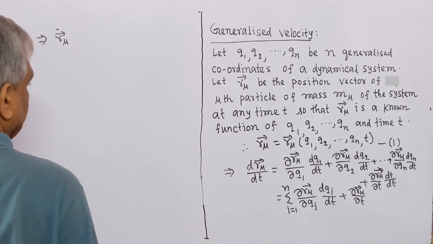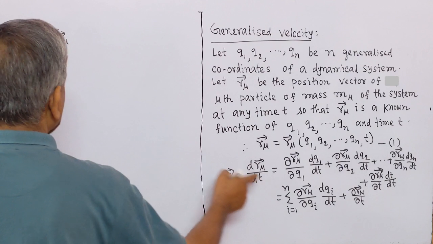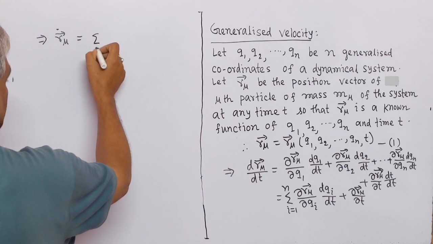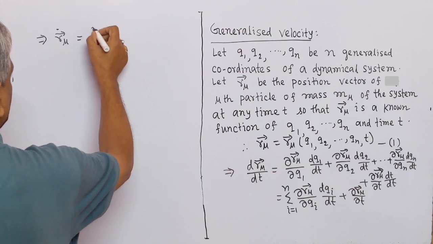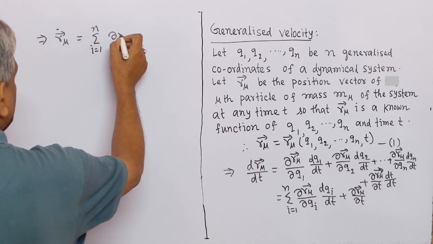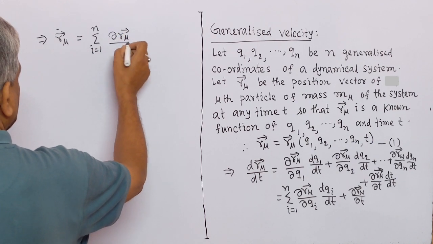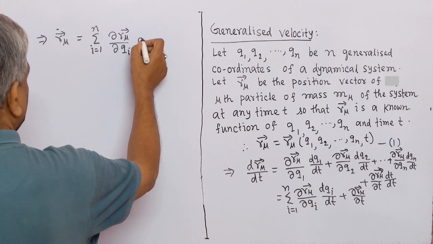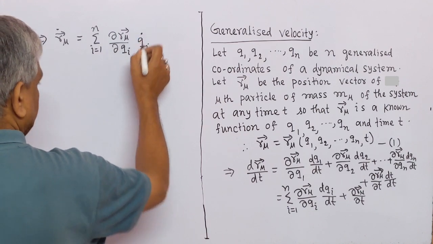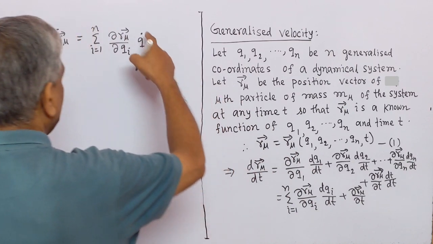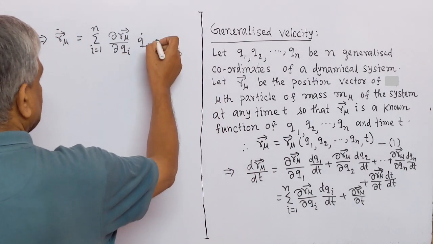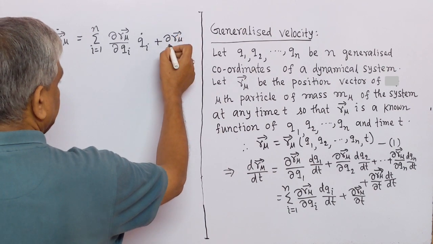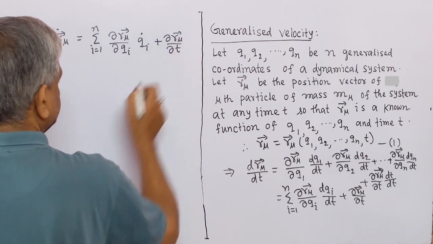Dot means derivative with respect to t, and the right side will be sigma i equal to 1 to n of the partial derivative of r mu vector with respect to q i, and here dq i by dt means q i dot, plus the partial derivative of r mu vector with respect to t.